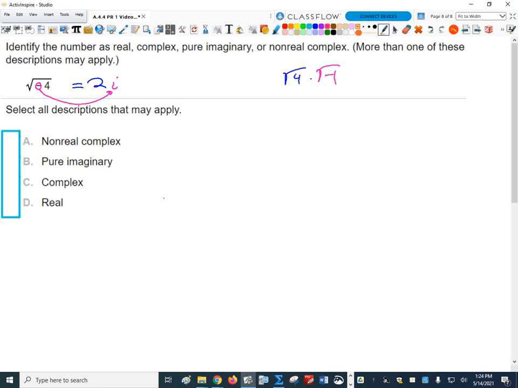Our rule of thumb here is if I have a negative inside a square root, I know I'm getting an i, and then I just simplify the rest of the square root. So what about this one? We get it to be 2i, and now we can see non-real complex. Give me thumbs up, thumbs down. Good. Pure imaginary. Okay. Complex. Okay. Real. Thumbs down. Good.